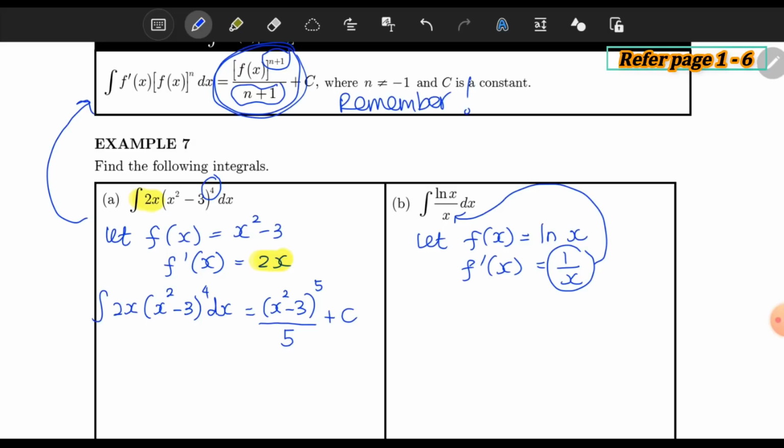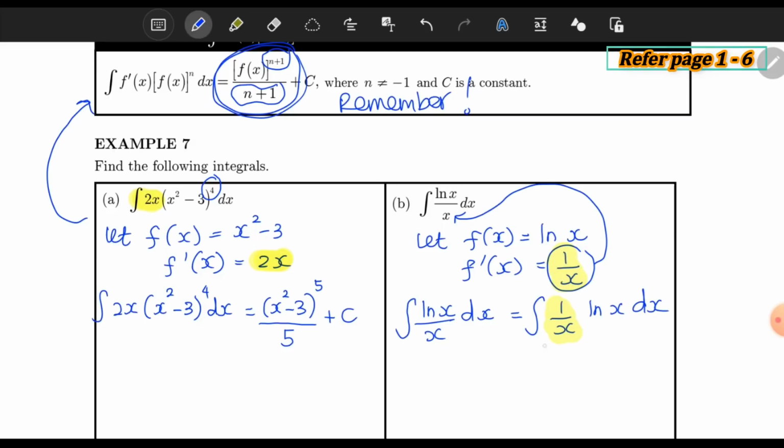Therefore, integrate ln x over x dx equal to integrate 1 over x times ln x dx. This is what I said just now.